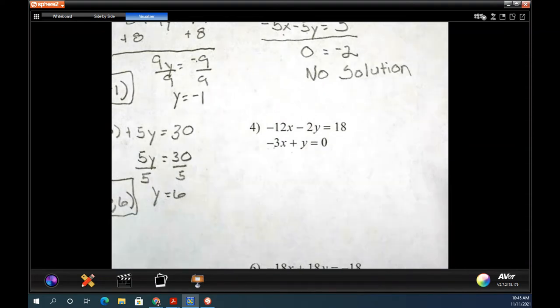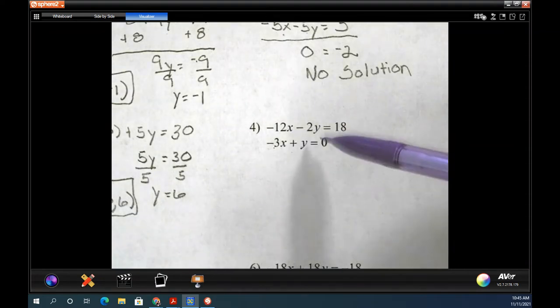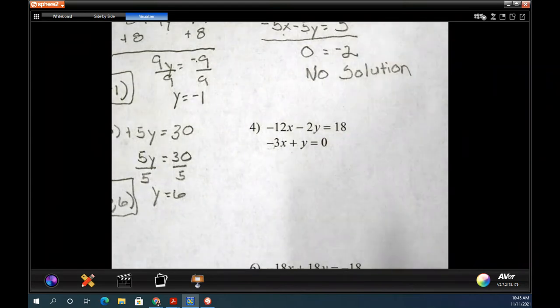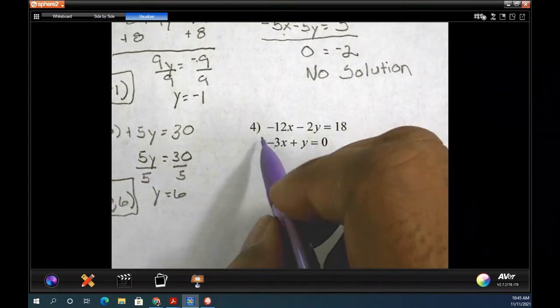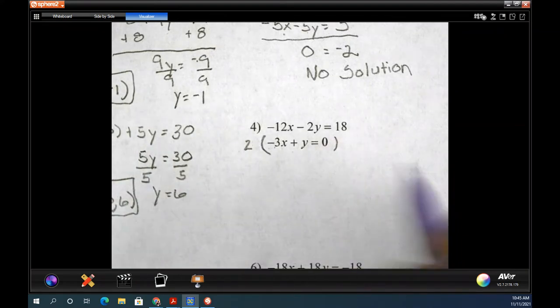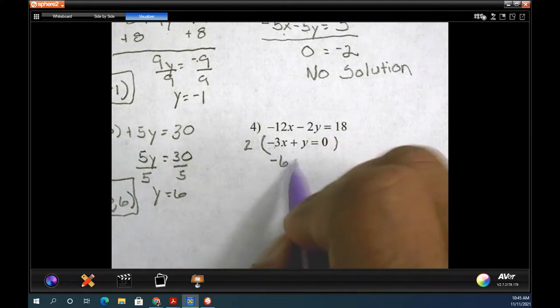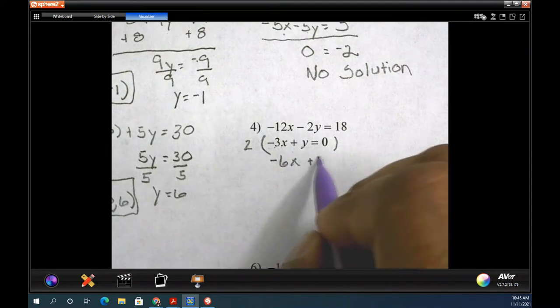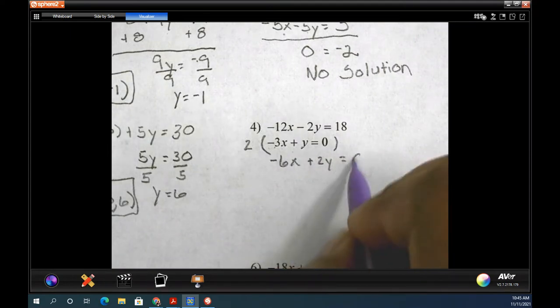You've got to decide which variable you want to get rid of. I'm going to get rid of the y because it's a smaller number. So I'm going to multiply everything by 2. So this becomes -6x plus 2y still equal to 0.